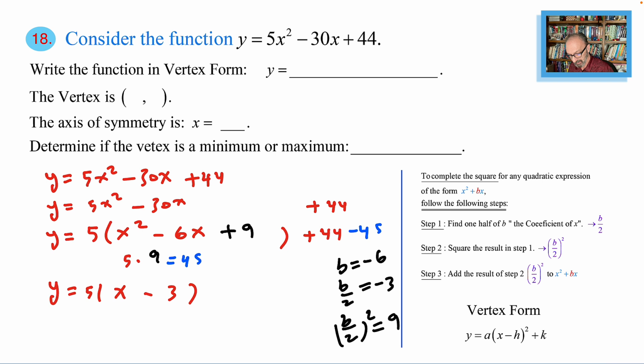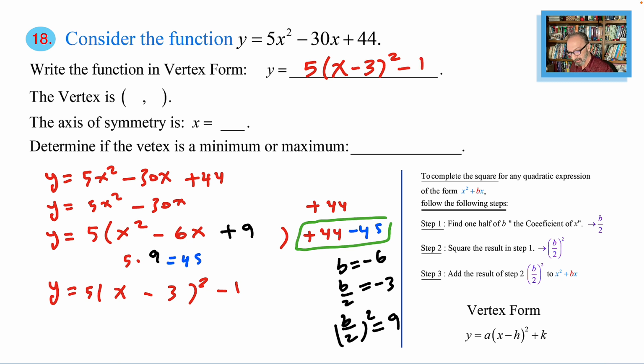We have a minus here, and square. The outside part of the parentheses is 44 minus 45, which is negative 1. So that is the vertex form. So we write it up here: 5 times x minus 3 to the second minus 1.